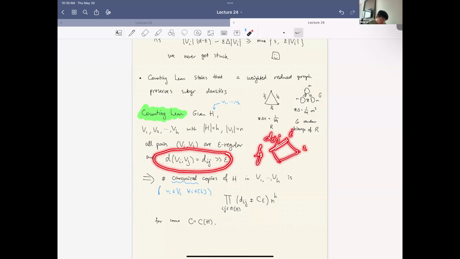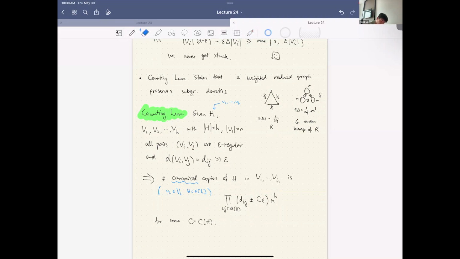What's the count of H? Okay. I think I should say at least, all right? And maybe put a minus here. You actually have the correct count, also an upper bound. Here, simply because if H is a complete graph, you have the correct count.